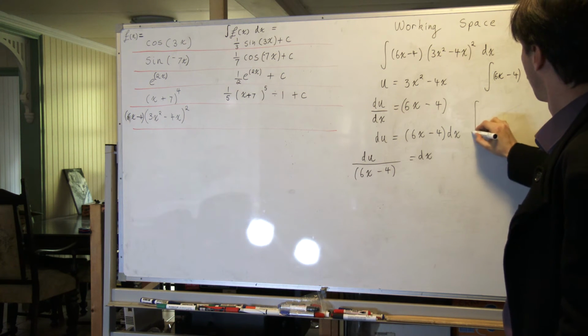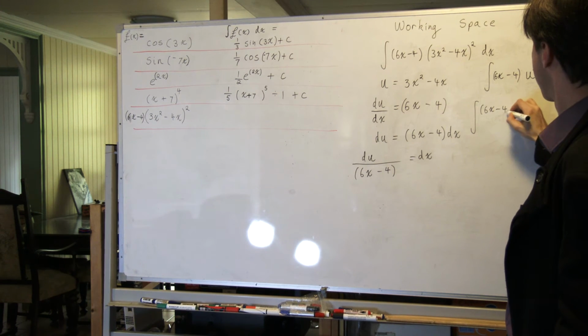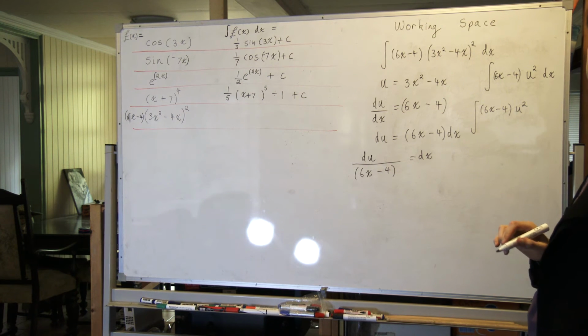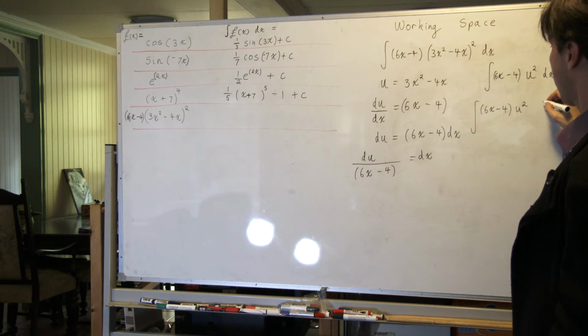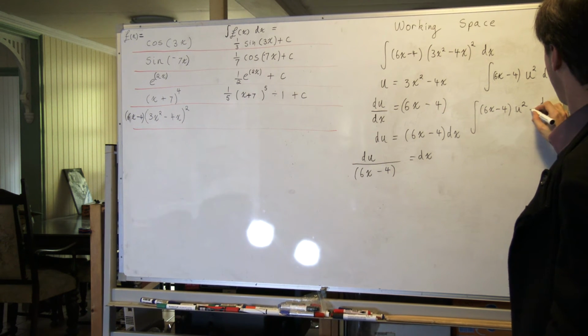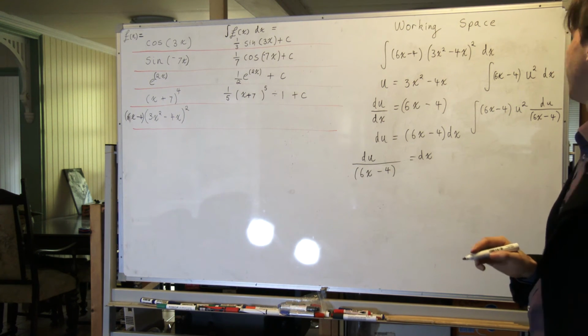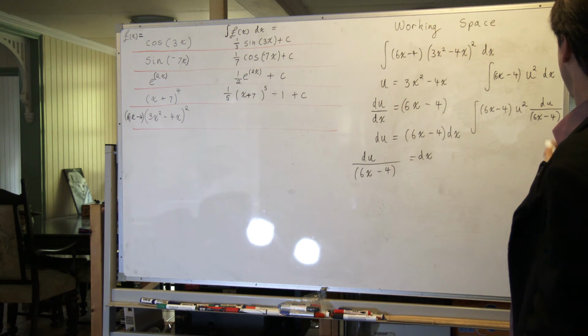So over here I have my question so far, and I take dx, swap it out here, so dx becomes du on 6x minus 4. 6x minus 4, divide by 6x minus 4.